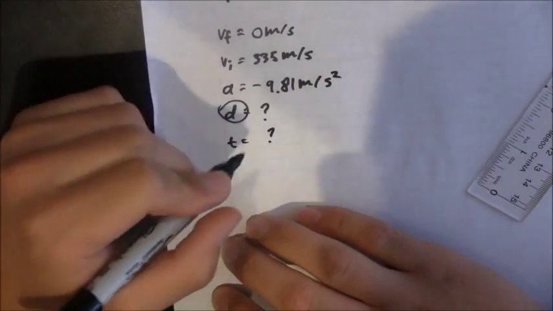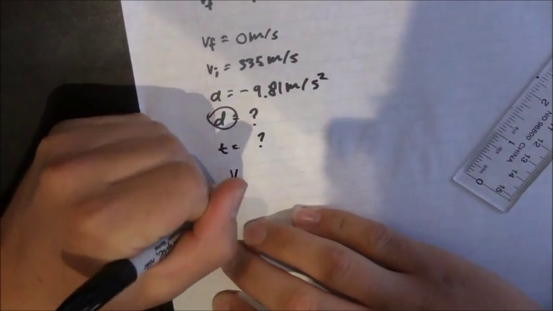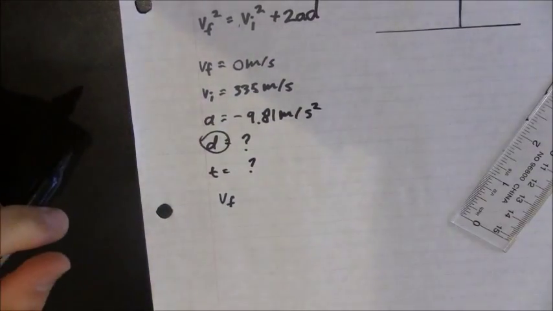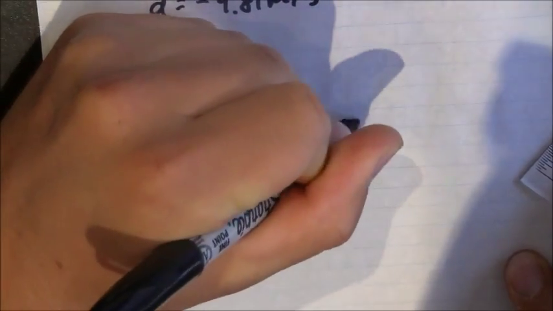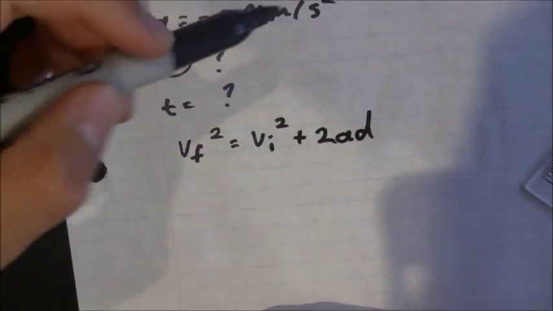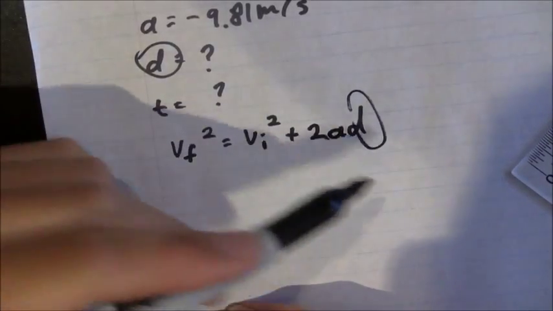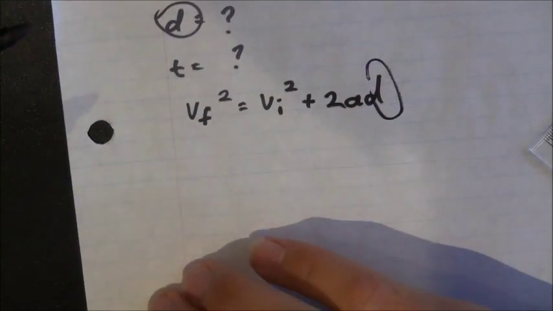So let's take our formula here. Let's write VF squared equals VI squared plus 2AD. And what are we solving for? Well, we're solving for distance. So isolate for distance. That's the way I like to do it.